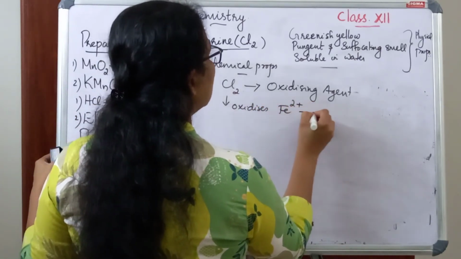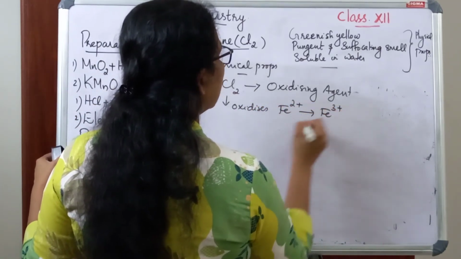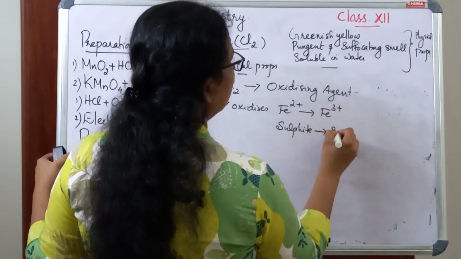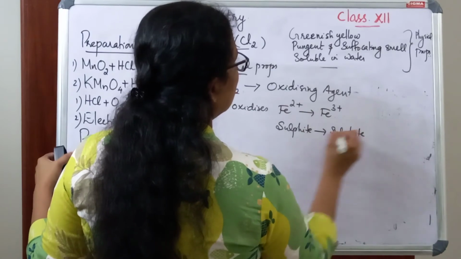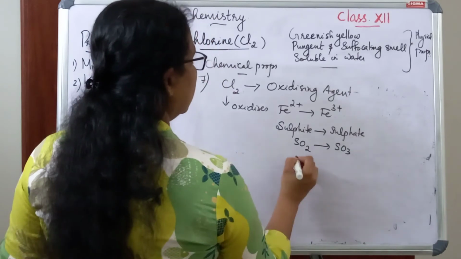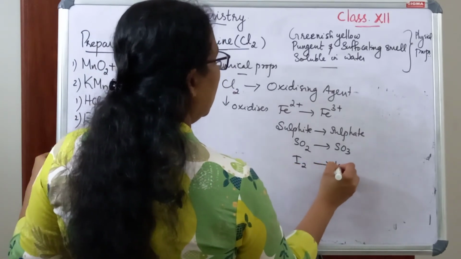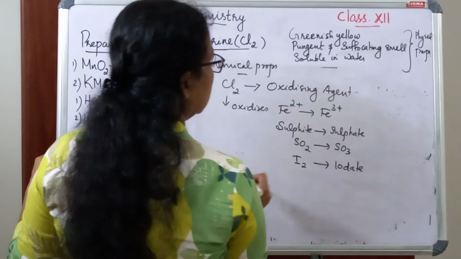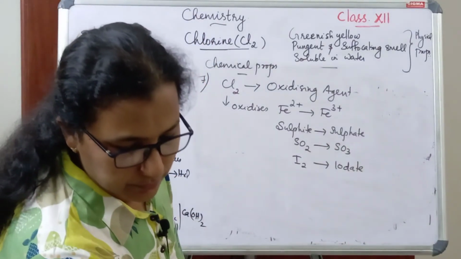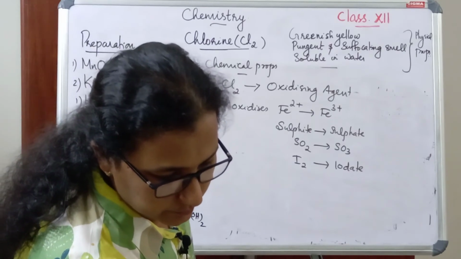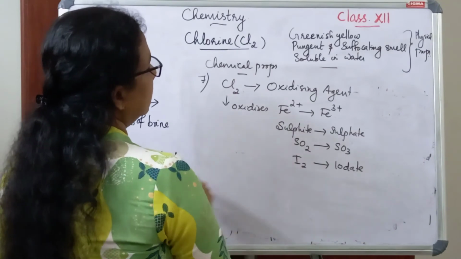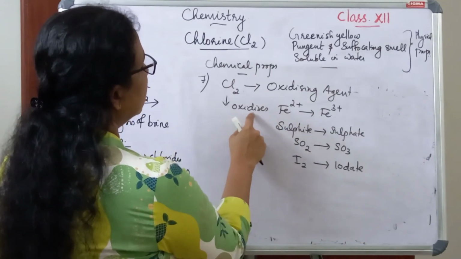Fe2+ to Fe3+, sulfite to sulfate, then SO2 to SO3, then I2 to iodate. These are the three reactions we need to check.